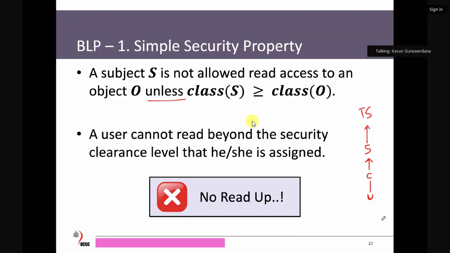A subject with, let's say, secret classification, so the subject is here in the secret level, is not allowed to read an object unless the subject's classification level is greater than or equivalent to the classification level of object O. So this subject will be allowed to read any resource which is equivalent or lower in this hierarchy.